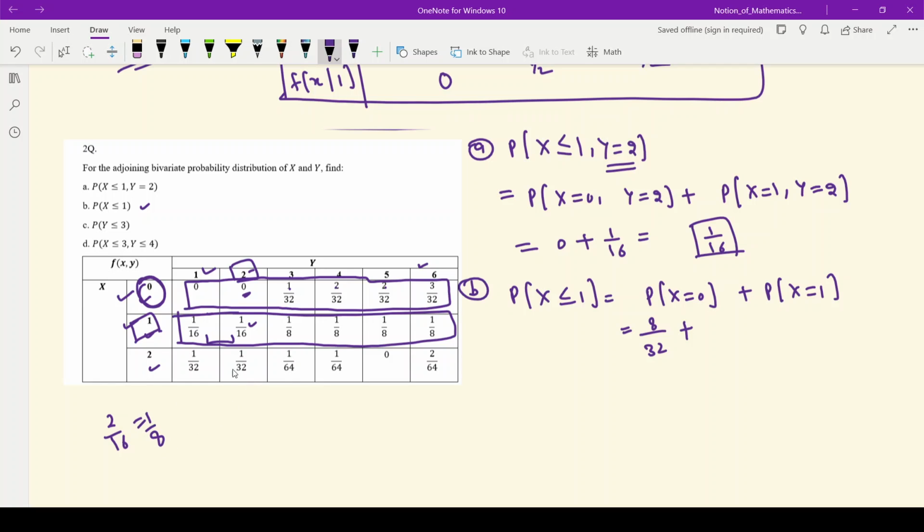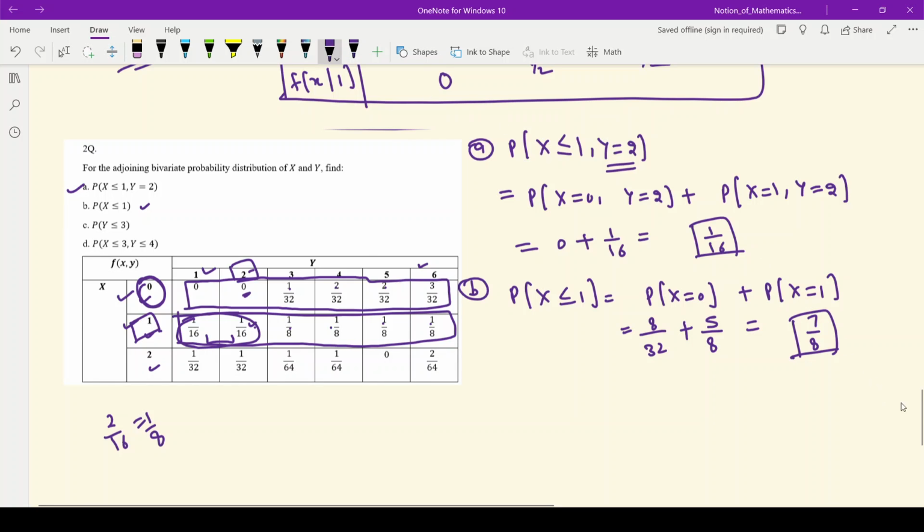So 1 by 8, how many times? 1, 2, 3, 4 and 5. So ultimately it will be 5 by 8. Let me check it once. Yes, it is right. When we sum it up, it is 7 by 8. So this second portion is also done.